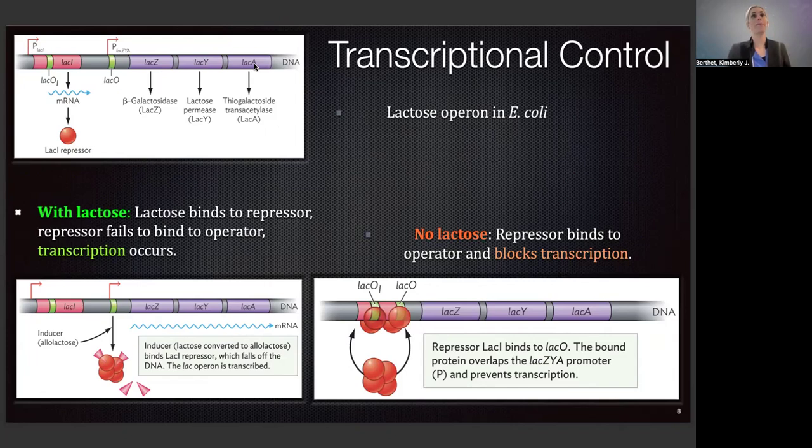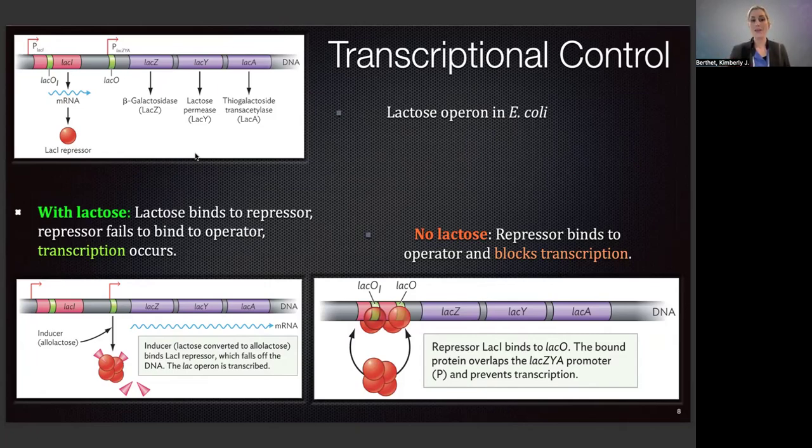So in an abundance of glucose, we don't want to express these genes because we'd be wasting energy expressing those three genes. Only when we're running out of glucose and we have an abundance of lactose, the cell is going to switch over and upregulate expression of these genes.